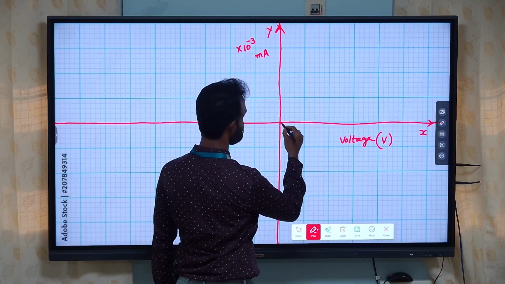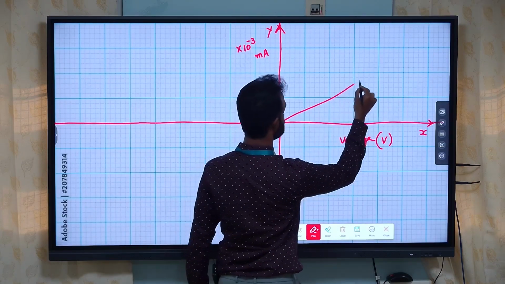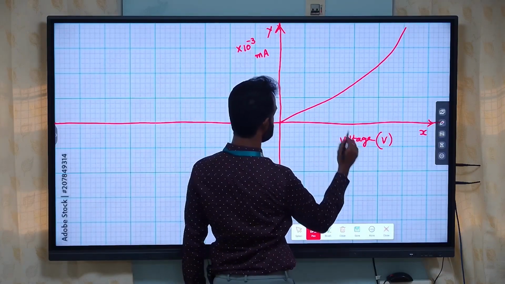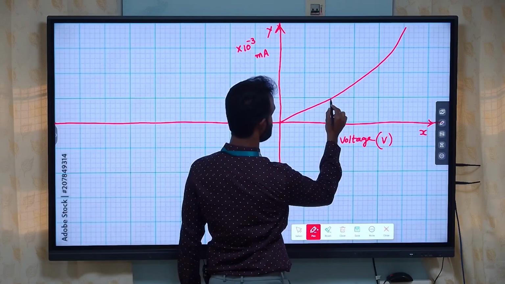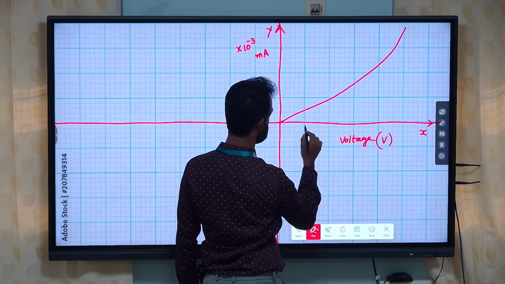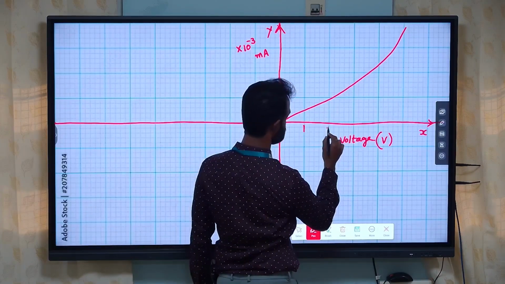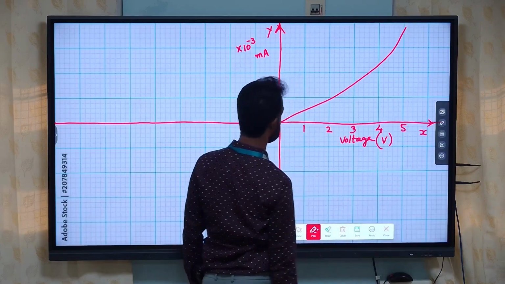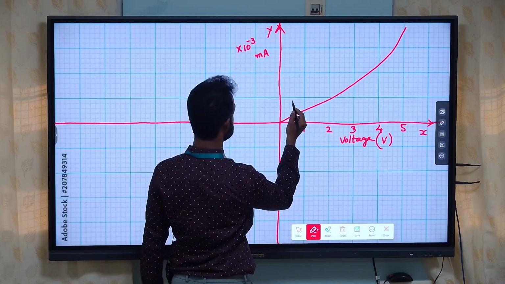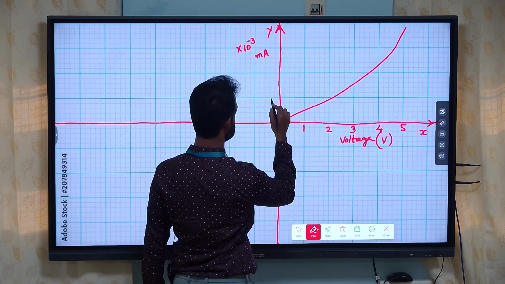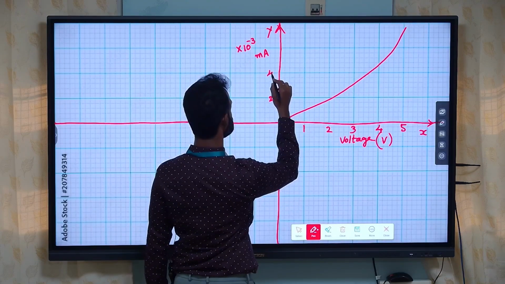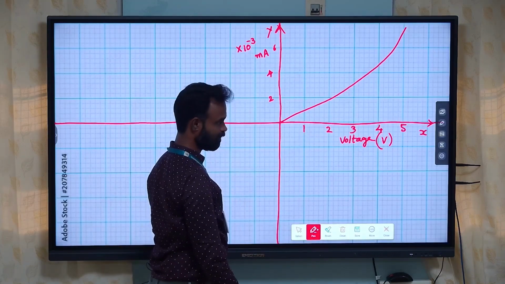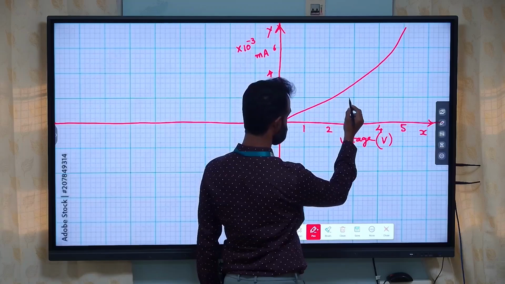Here for forward bias, we will get a graph like this. Imagine this is 1, this is 2, 3, 4 and 5. Likewise, this is 2, this is 4, this is 6, and likewise this is for the example.